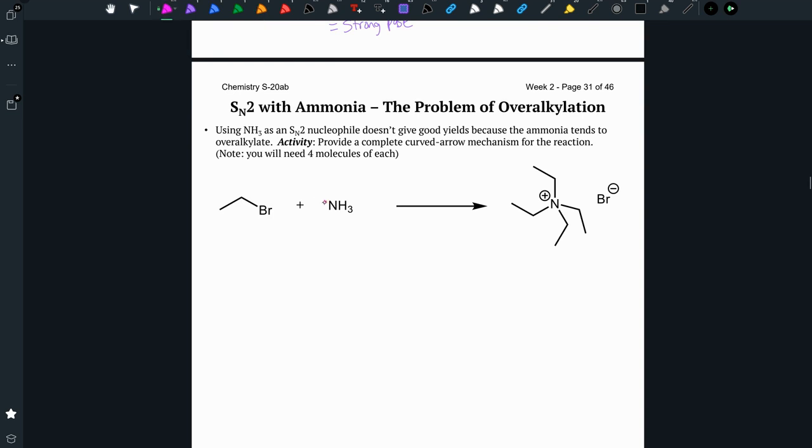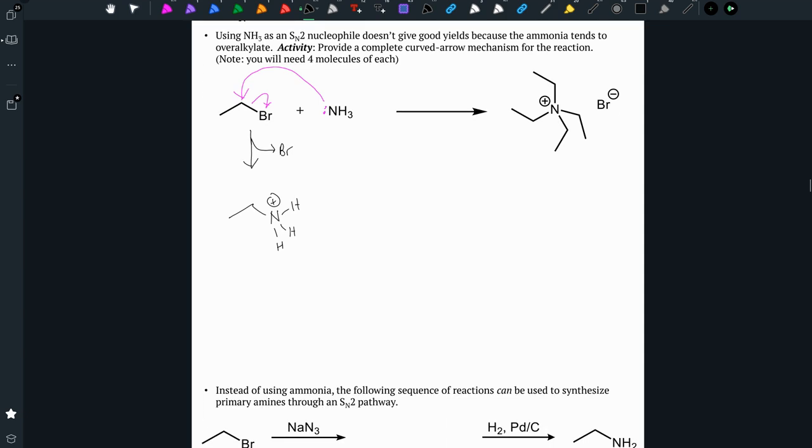And here's what I mean by overalkylation. Ammonia can react with an alkyl halide. That's true. And that will make this ammonium ion and some bromine. Okay.